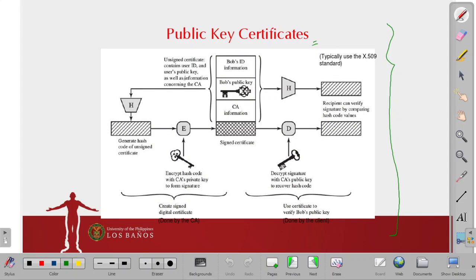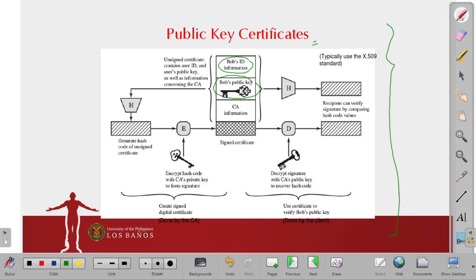Right? So let's say you are Bob. So we have Bob here. Bob has information about himself, and Bob has a public key. So again, the distribution of the public key can be forged.